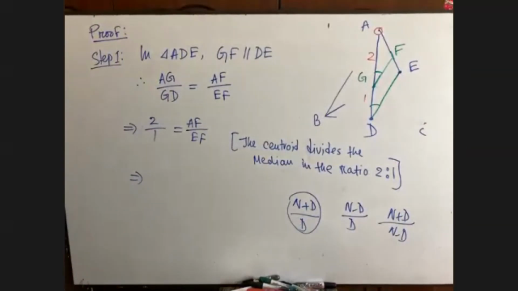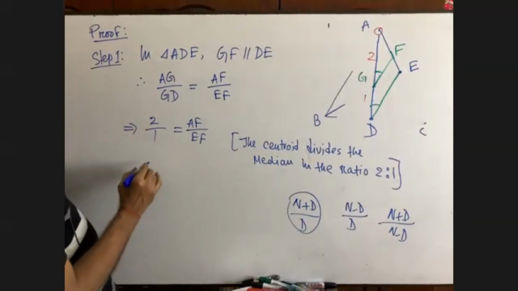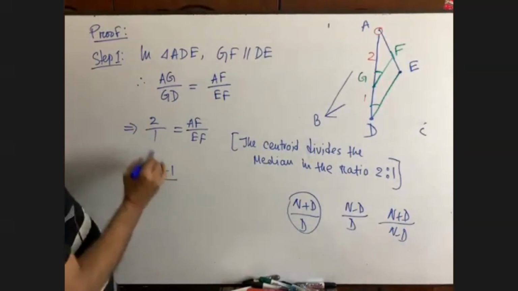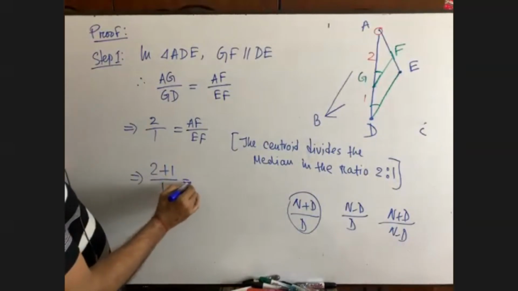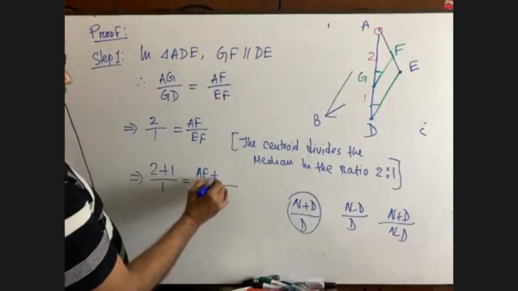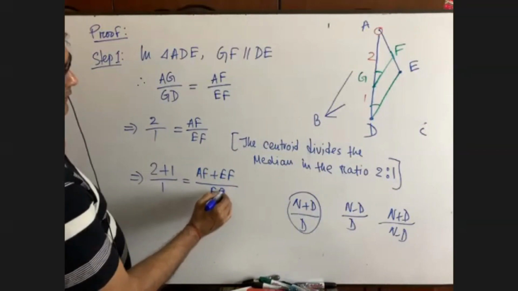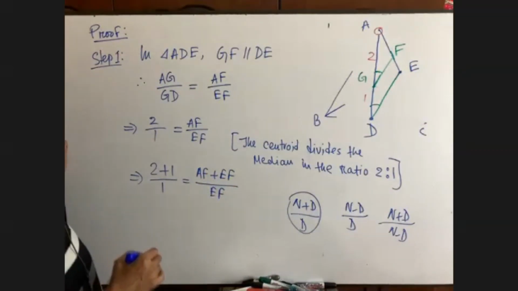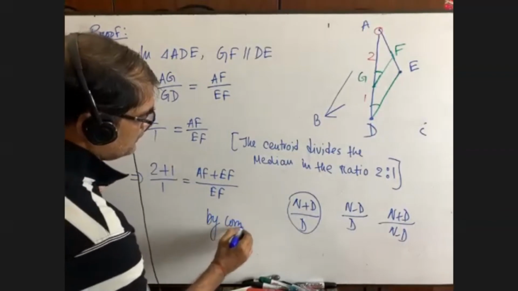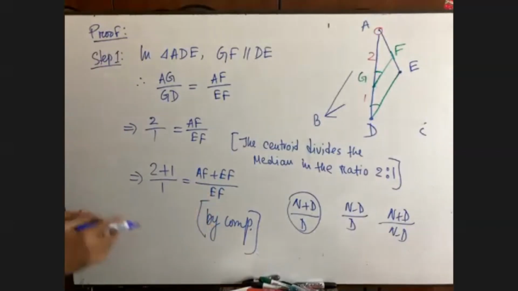N plus d by d, numerator 2, denominator 1. So let's write down 2 plus 1, numerator plus denominator by only denominator, is equal to AF plus EF by EF. Side note, by componendo.